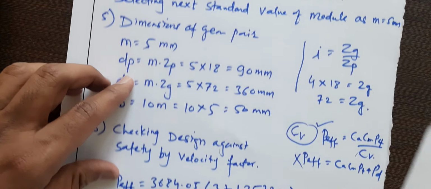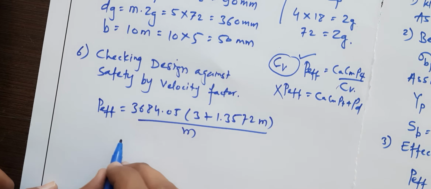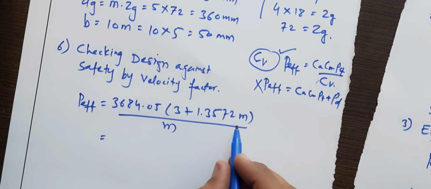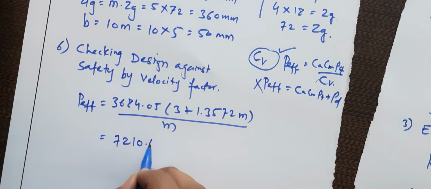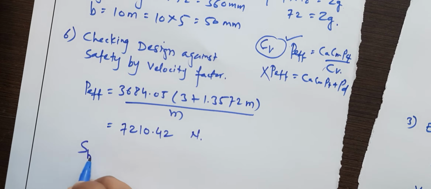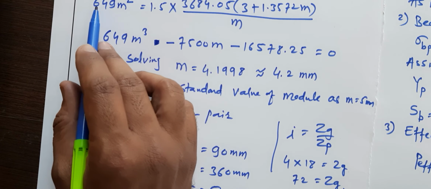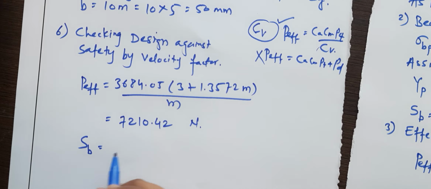If you put in the value of module, you will get P effective. After calculation, you get 7210.42 Newton. Then we have SB in terms of module: 649 module square.